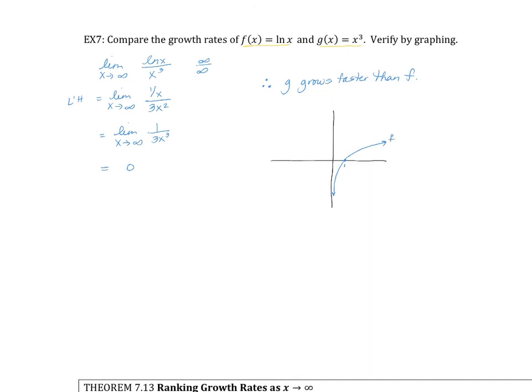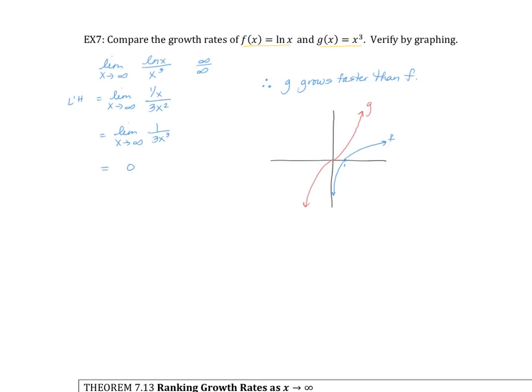Whereas our g of x is the cube function, passes through 0, goes up, and so on. So you can see that although they're both going to positive infinity, g's getting there faster.